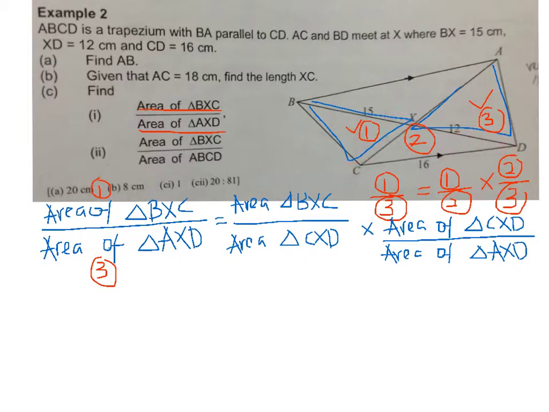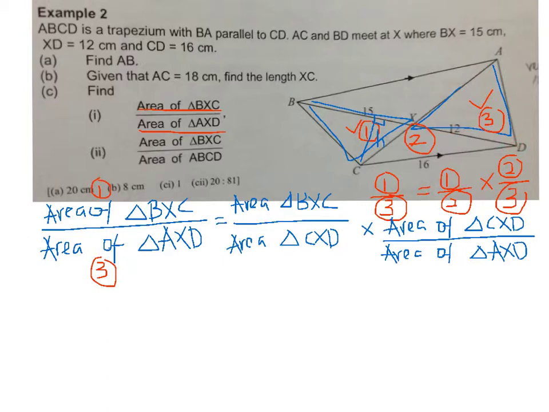If you realize, if I draw a height over here and label it as h, can you actually see that this height here can be used to find out what is the area of triangle BXC, given that 15 as the base, as well as this height over here can be used to find out what is the area of CXD, given 12 as the base.